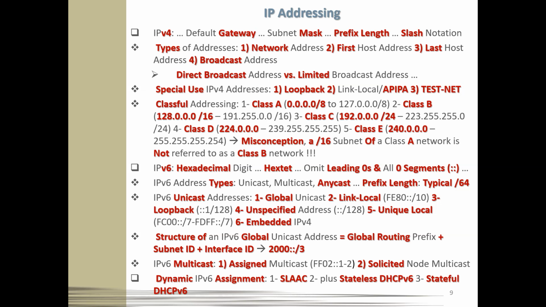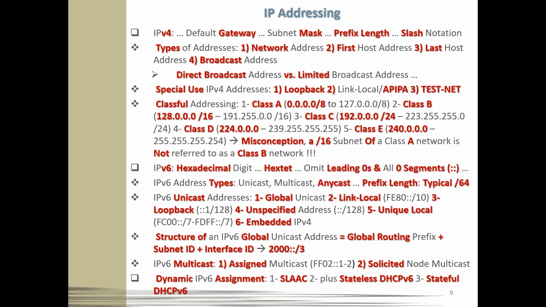Let's say for 192.168.10.0/24, we know that the prefix length is /24, and that is the number of bits in the subnet mask set to 1. Then the network address is going to be the address when the host portion is all zeros. In other words, when we have 192.168.10.0, this is the network address, the first address.